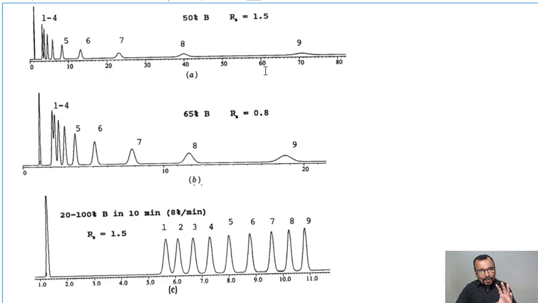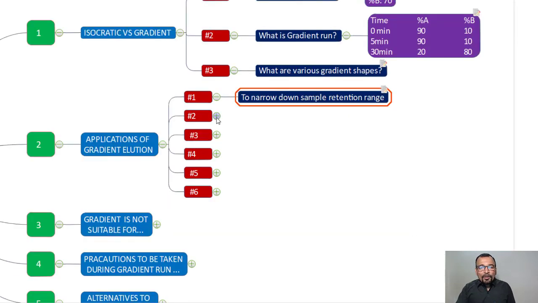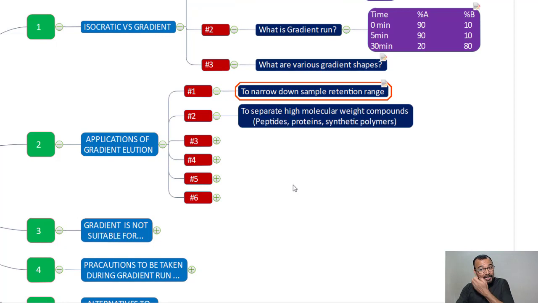So do you understand now how the gradient elution mode can help you narrow down the retention range and hence increase the throughput of your laboratories? The second important benefit you will get is what? To separate high molecular weight compounds like peptides, proteins, and synthetic polymers.